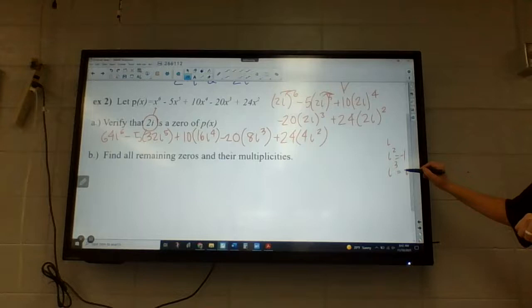Squared is going to be negative i. So that's going to make this a positive 160i. And then i squared is negative 1, so this is going to be a minus 24 times 4. 96.